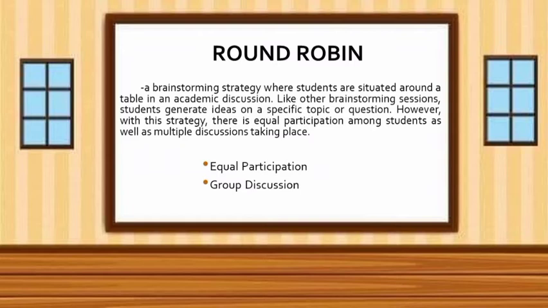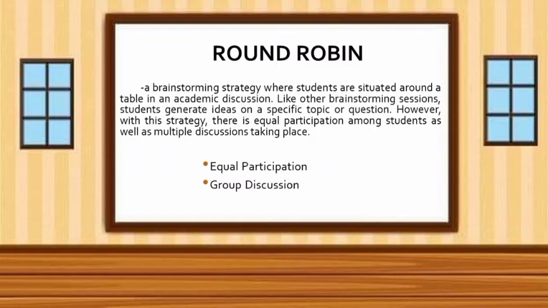But in some cases, one student will be assigned the recorder, where their job is to record everything that each student says. If the teacher finds that students are talking out of turn, then sometimes they will use talking chips, where students must turn in one chip each time they voice their opinion.